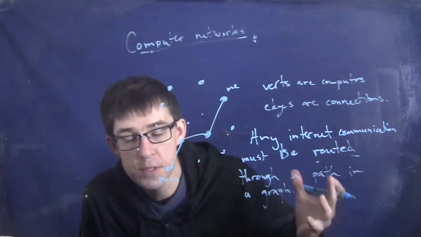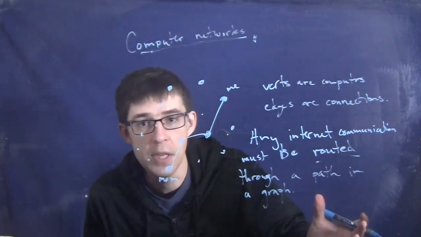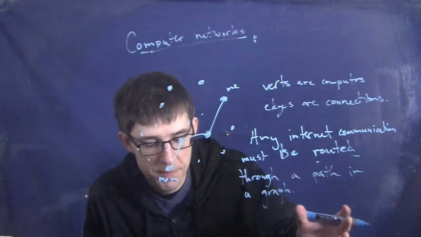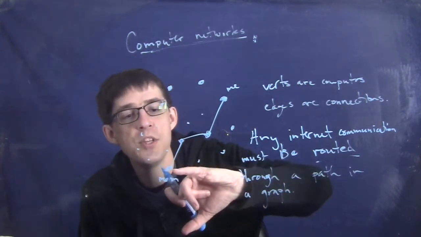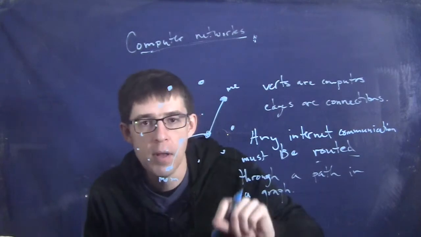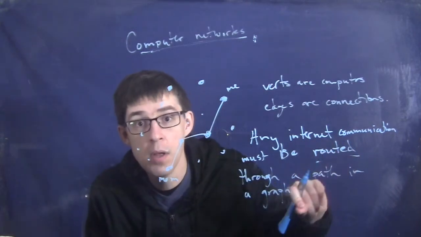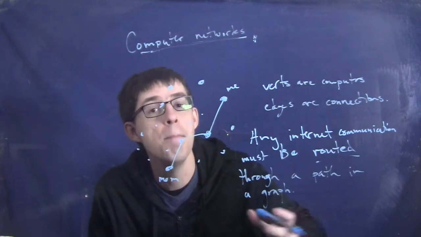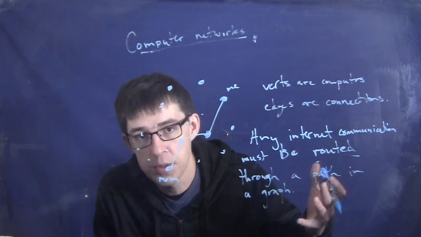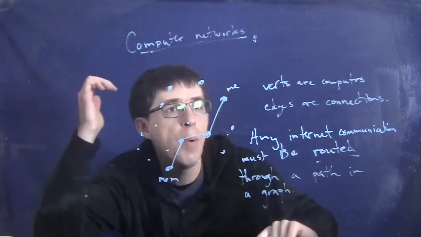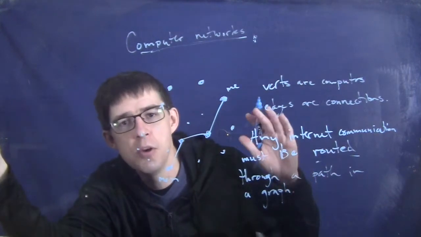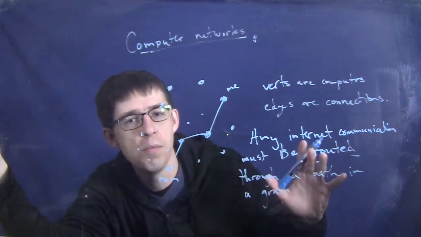There are physical devices called internet routers, and their job is just to efficiently figure out which way to send the message. To get from me to my mom, they figure out how many intermediate steps it has to go through. And just like in a road network, there are many possible ways that you could decide to route the message, but they want to figure out what the best way is, or at least a pretty good way. And anyway, this kind of thing is happening millions of times per second all around us.